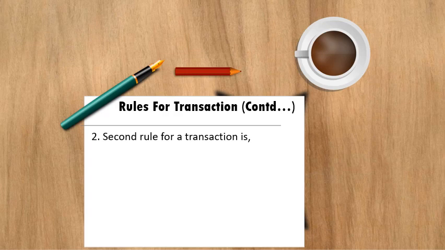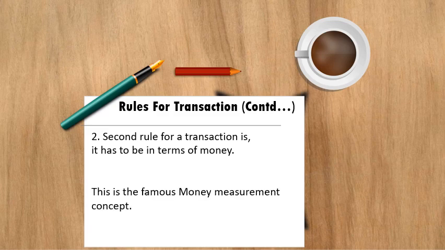The second rule for transactions is, we say there is a debit, there is a credit, but there should be a monetary exchange, or this should be in terms of money. Whenever there is an exchange of goods for money, or an exchange of services for money, there should be two sides. One is debit, another one is credit.